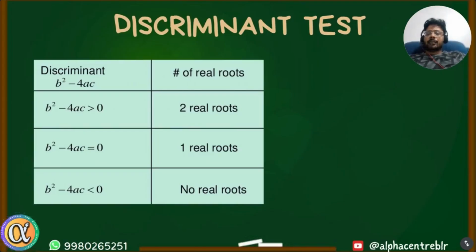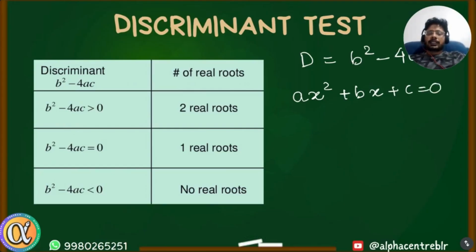The discriminant test says that for a quadratic equation, try to find the value of its discriminant. Now, what is the discriminant? Discriminant is equal to b square minus 4ac. What are a, b, and c? These are just the coefficients of x square, x, and the constant term in the standard form.